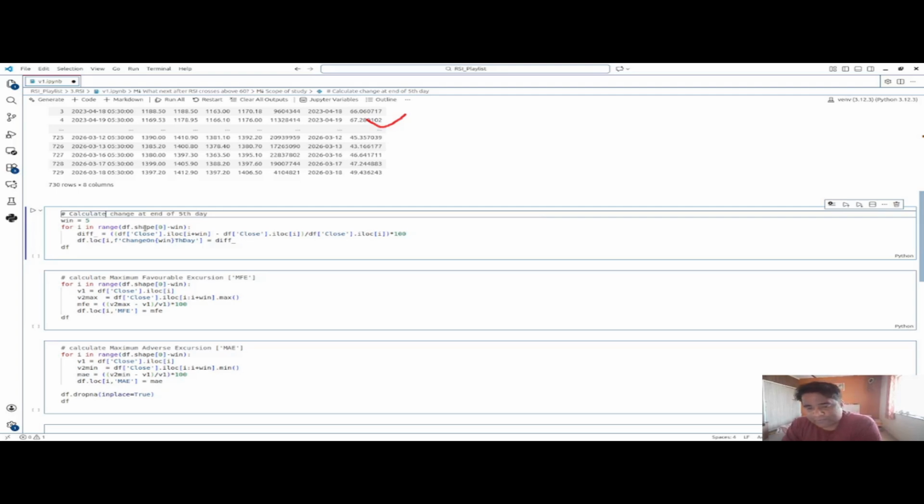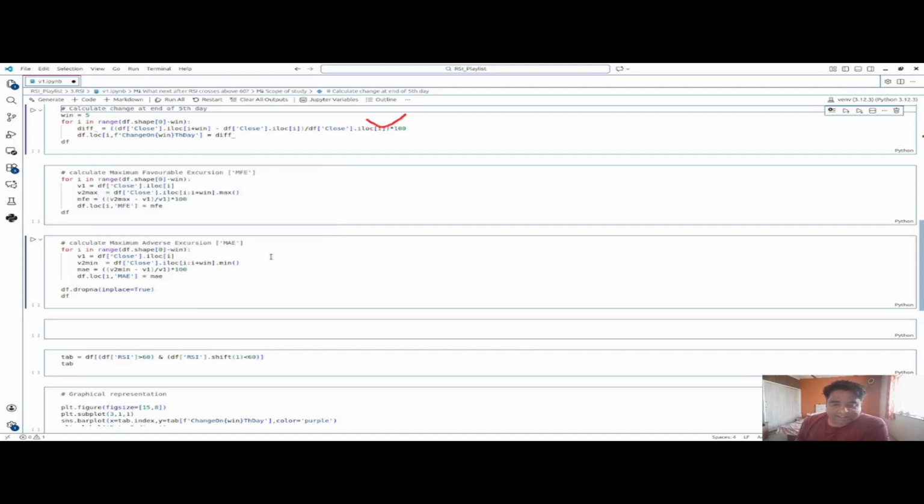Maybe the price had gone to 100, and then at the end of the 5th day it had come down to 50. So MFE would be 100, but the change at the end of the 5th day will be 50 minus initial.